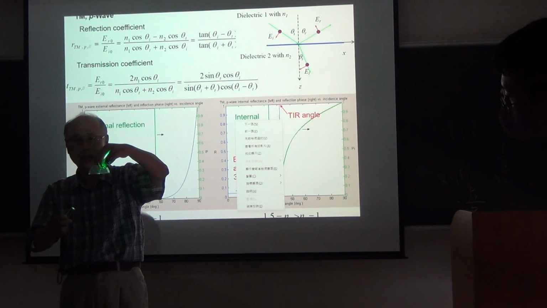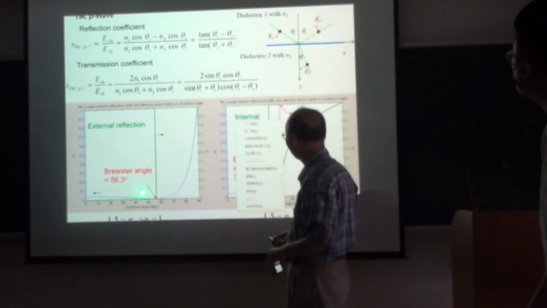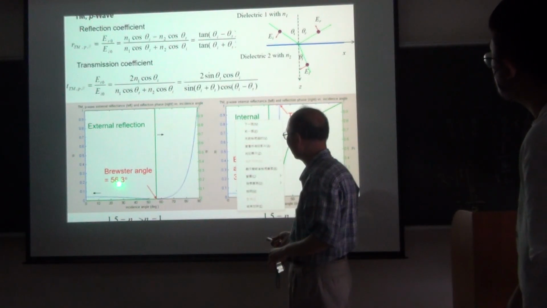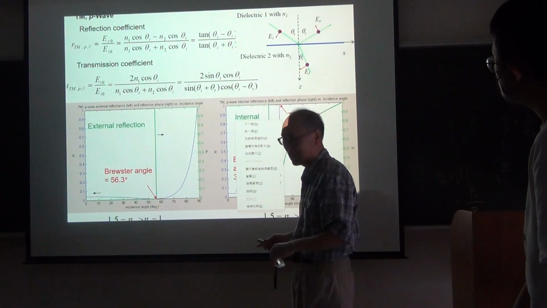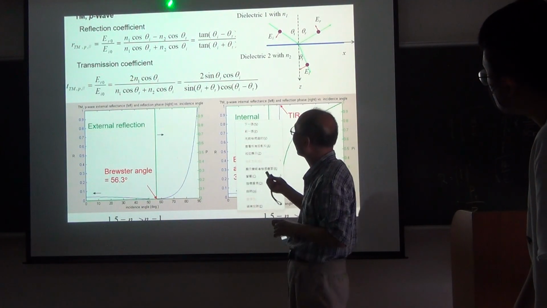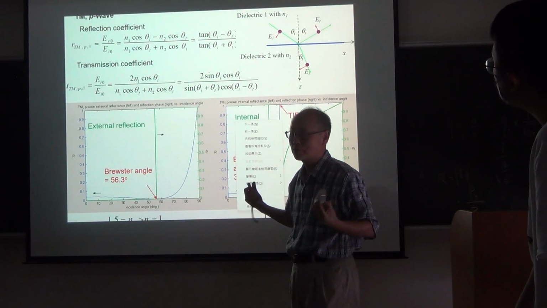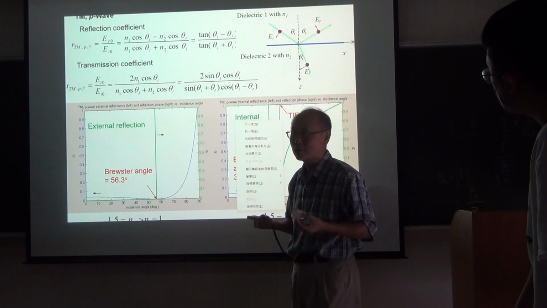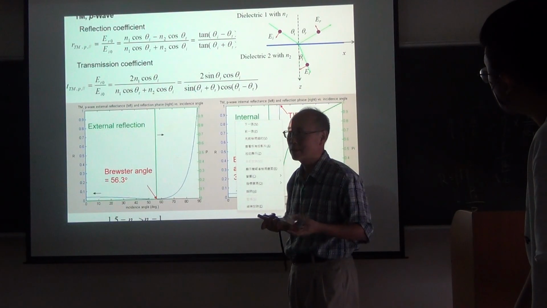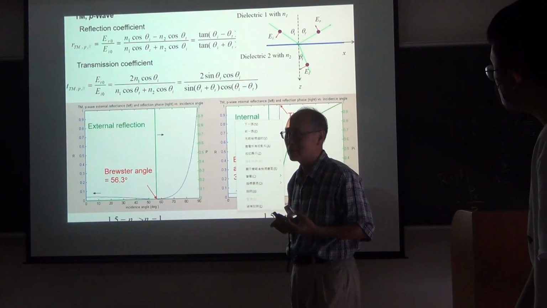If I increase it to this value, 56.3 degrees, then the green dot will disappear if I set the polarization correctly. So this is Brewster's angle, and you can do this experiment easily in the lab.